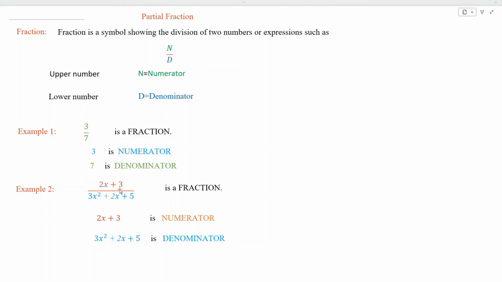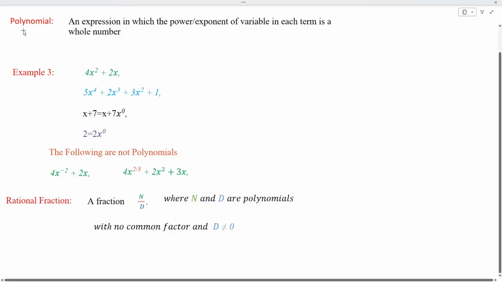Similarly, (2x plus 3) over (3x square plus 2x plus 5) is a fraction. Here the upper polynomial 2x plus 3 is numerator and the lower polynomial 3x square plus 2x plus 5 is denominator. What is a polynomial?